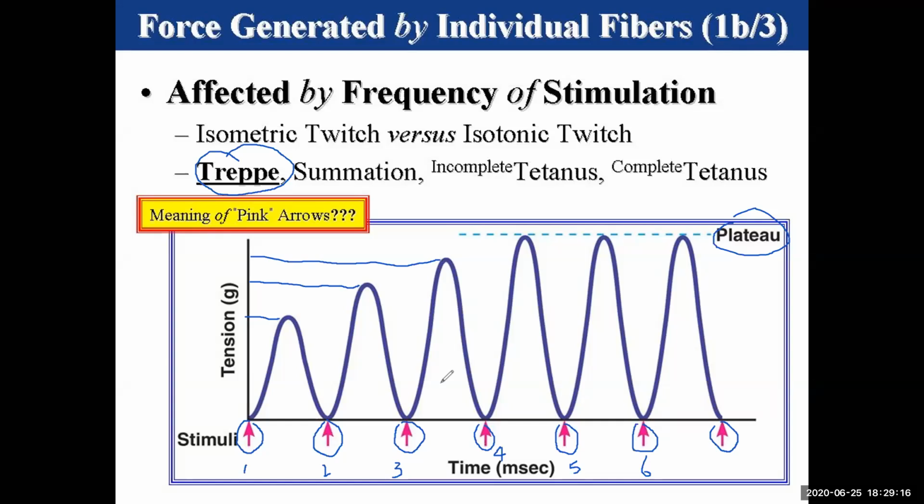So for whatever reason, the cross-bridge formation becomes more effective. The muscle becomes more efficient in generating cross-bridge formation and in generating the force of contraction. But we don't really understand what's going on with these observations that we call treppe.